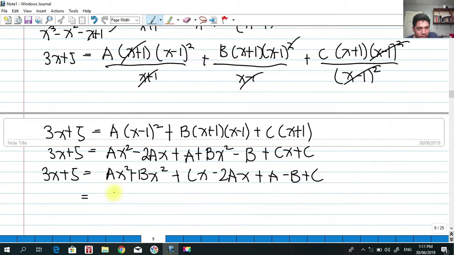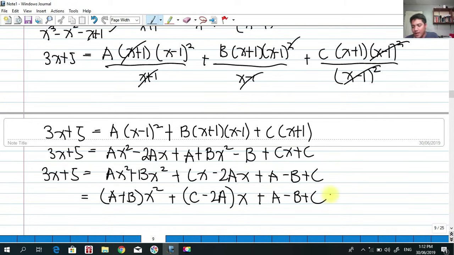And we are going to factor out the x's. We have x squared here, plus c minus 2a, that is equivalent to x, and plus a minus b plus c. How many unknowns do we have here? We have 3 unknowns, so we have to have 3 equations here.